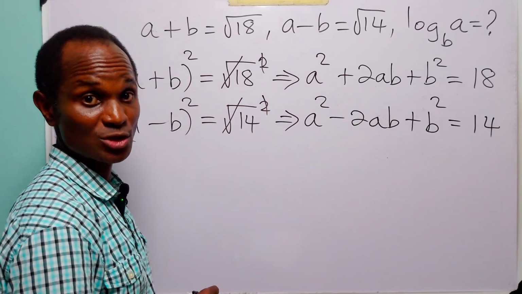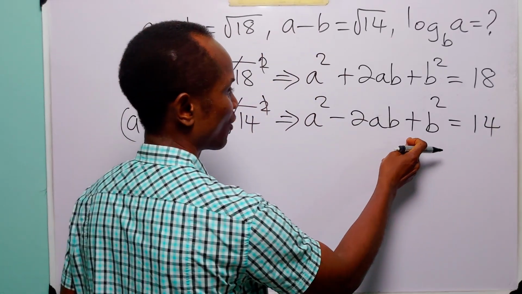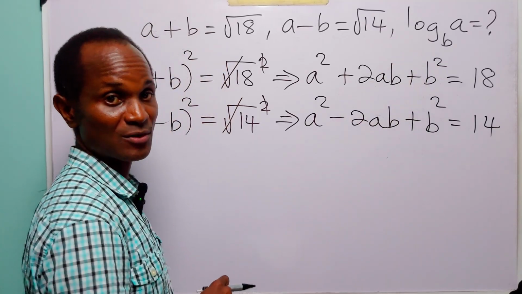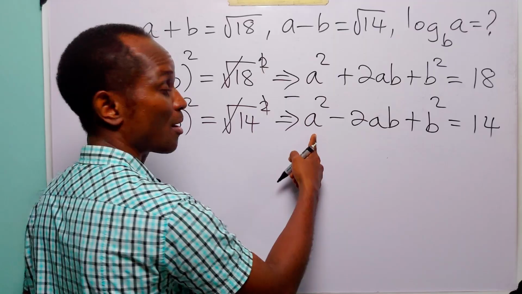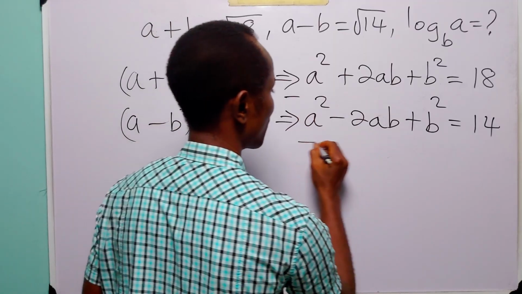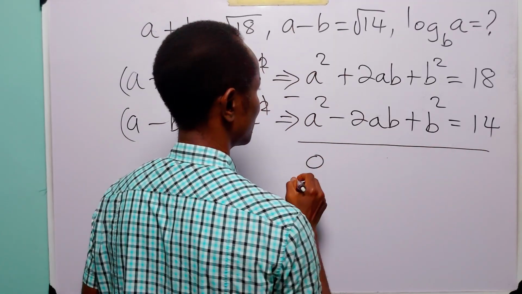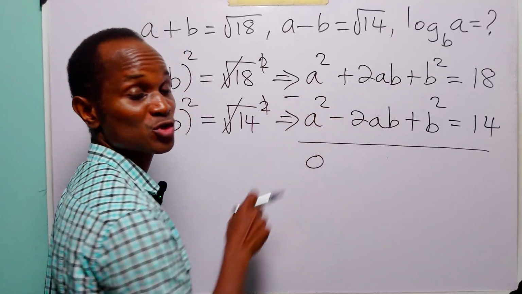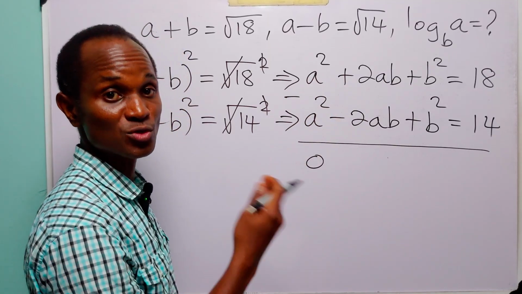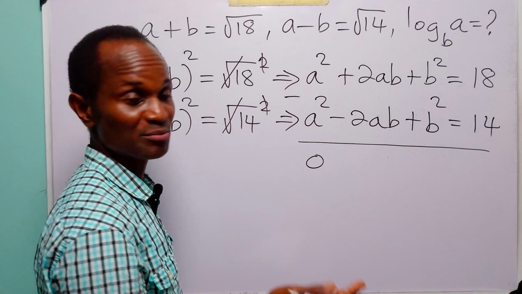Now, the next thing we are going to do is to subtract the second equation from the first equation. So this is a squared minus a squared is equal to 0. 2ab minus minus 2ab is equal to 2ab plus 2ab.